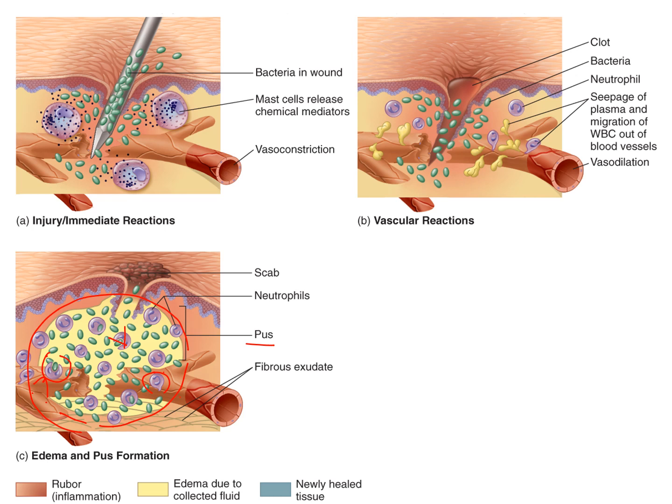So pus usually contains plasma, neutrophils, lots of dead neutrophils, and the microbes. And of course, during this whole process, you're getting blood clotting, scab formation, and that serves to isolate the microbe so it remains localized in this area, confining the microbe to the area.